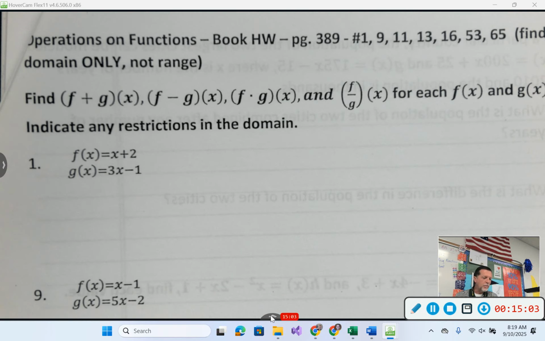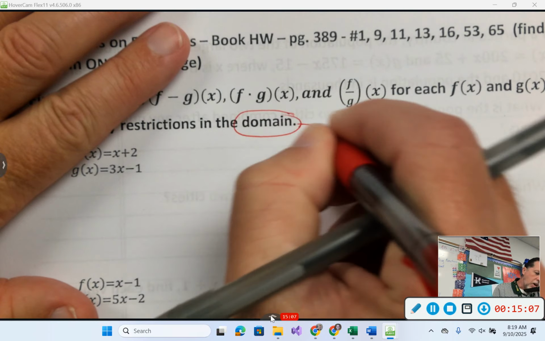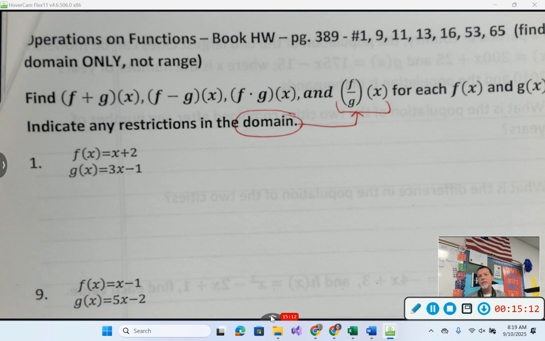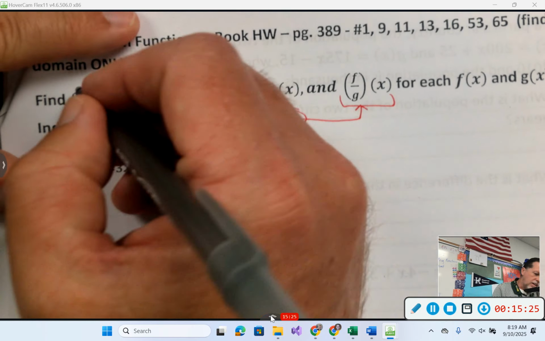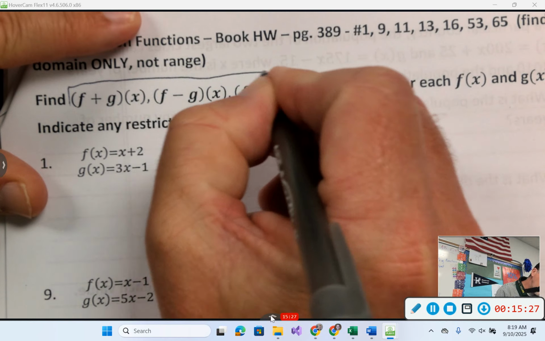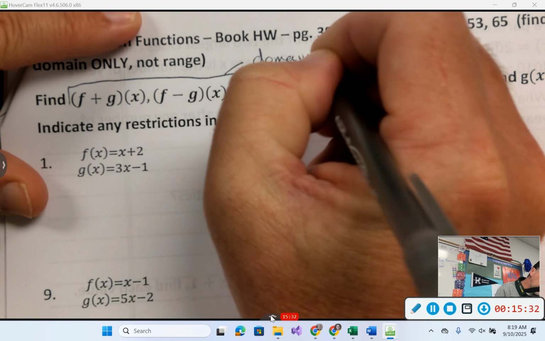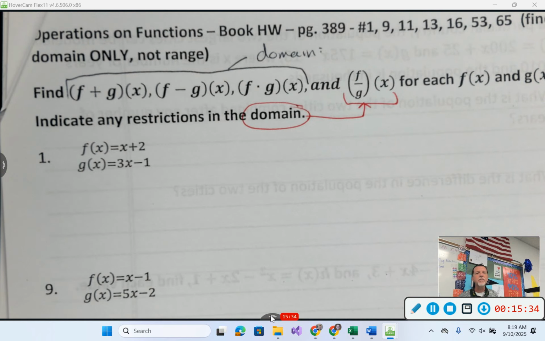Now, you can peek ahead and you can see that the only domain issues are going to be with division, because that's the only one that puts something in the denominator. All the other domains are going to be fine. Can we do only divisions? Would that be acceptable? So what would you say about the domain for all of those?